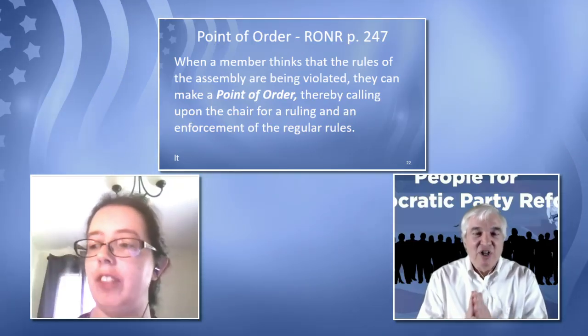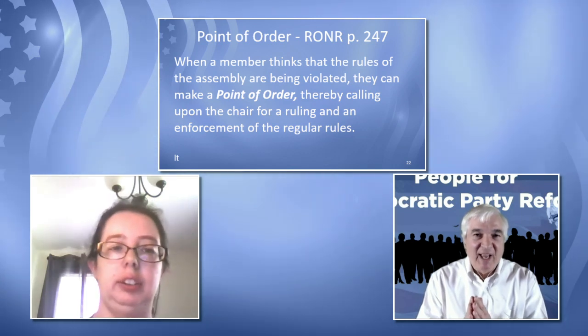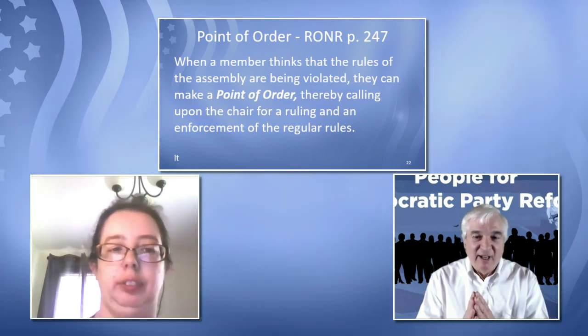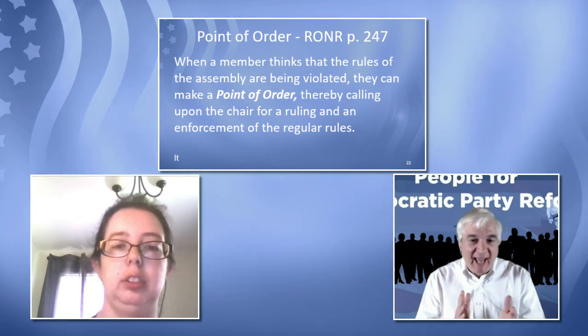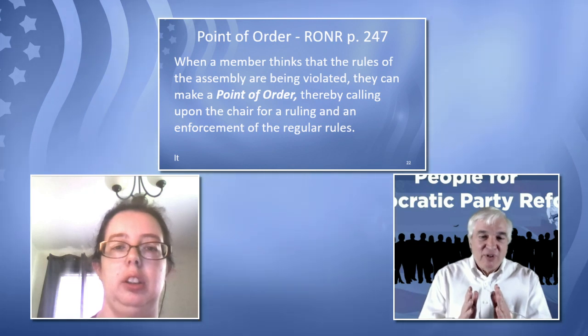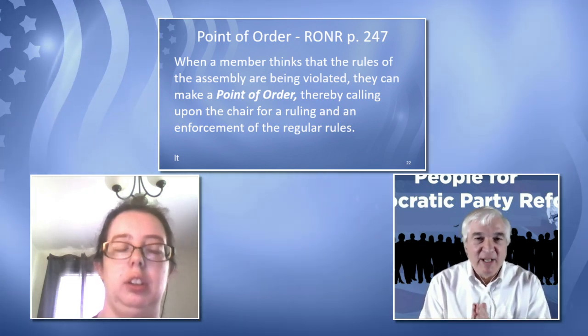The chair should respond to that, and if they respond in a way that conflicts with how this was handled, that's when you have to do the next step in the process, which is to raise a point of order.